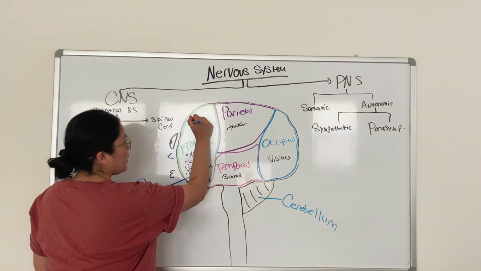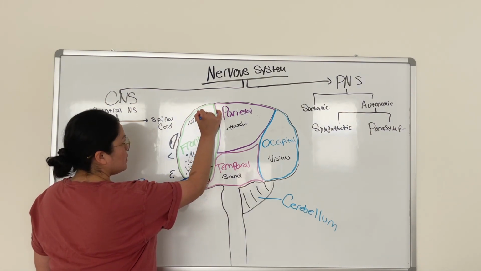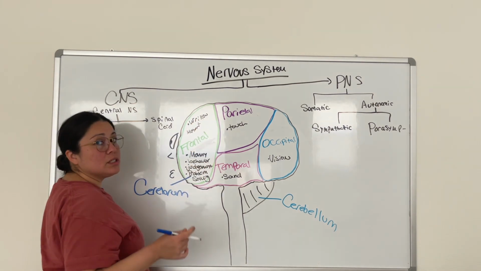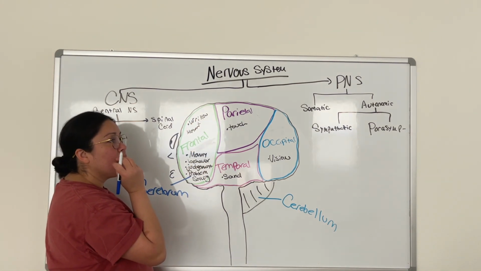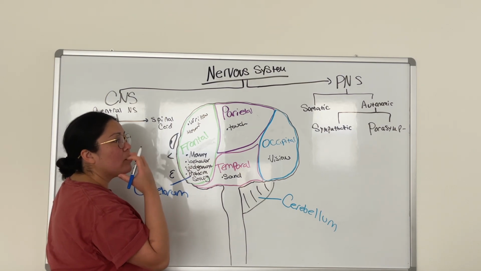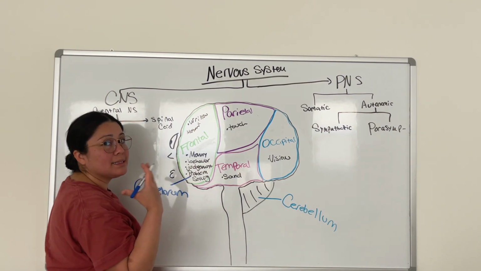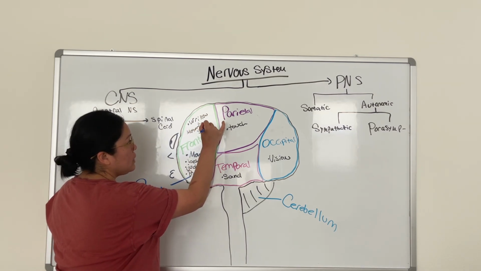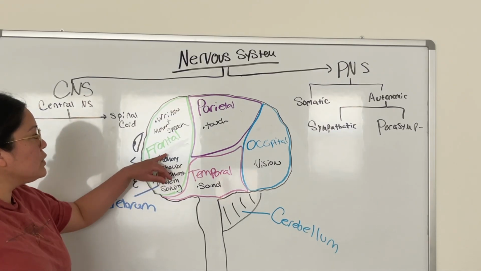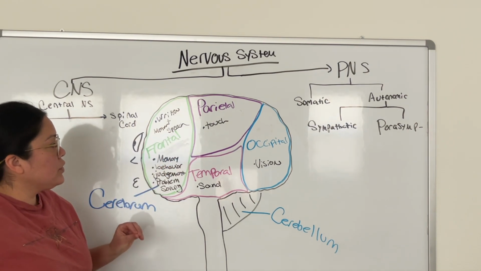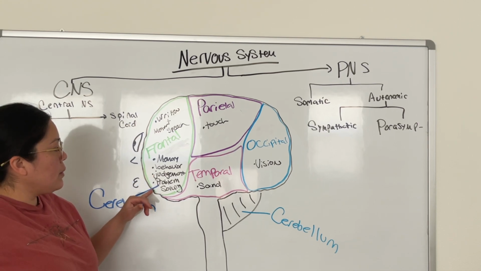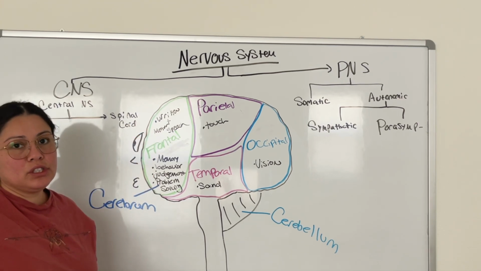I'm gonna write it up here, okay? Written and motor. Motor is meaning the ability to physically move your mouth to make a sound of speech, right? So written and motor speech. So your frontal lobe, some of the major things that it interprets are memory, behavior, judgment, problem solving, written and motor speech.